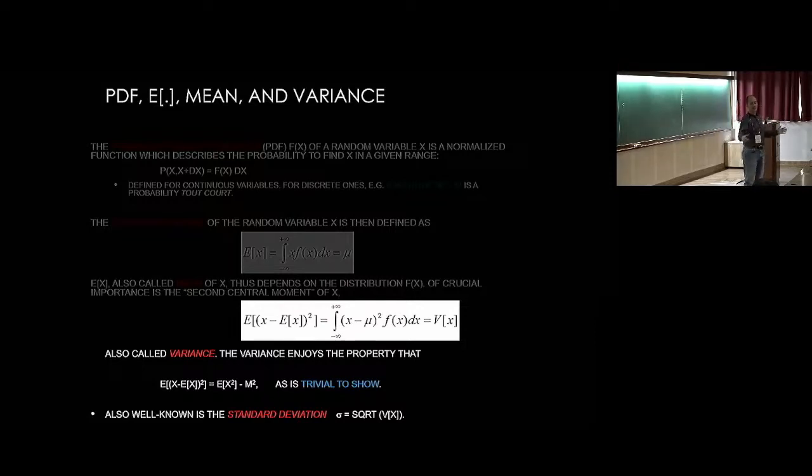Well, by a size that you will count in units of the square root of the variance, V. The variance has the property that it can be computed as the expectation value of x squared minus the mean squared. And this is an exercise that I leave for you this evening after dinner. Between 9 and 9:15, I will come and check if you're doing it, okay?